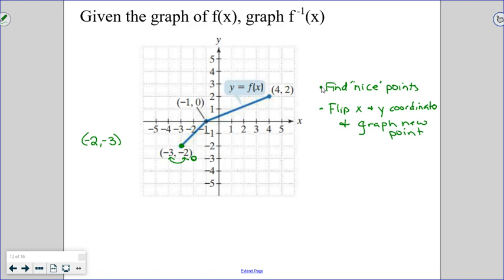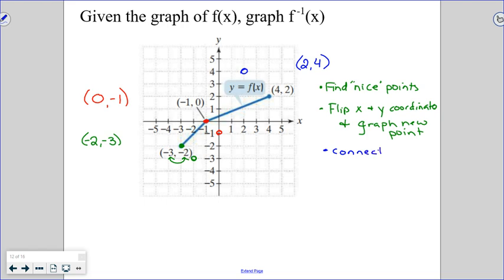And I would do that for all of the nice points in our picture, that the point -1, 0 would become the point 0, -1. 0, -1 would be graphed right here. And lastly, 4, 2 would become the point 2, 4 when I flip-flop those x's and y's, and 2, 4 is graphed right here. And then I just connect the dots.